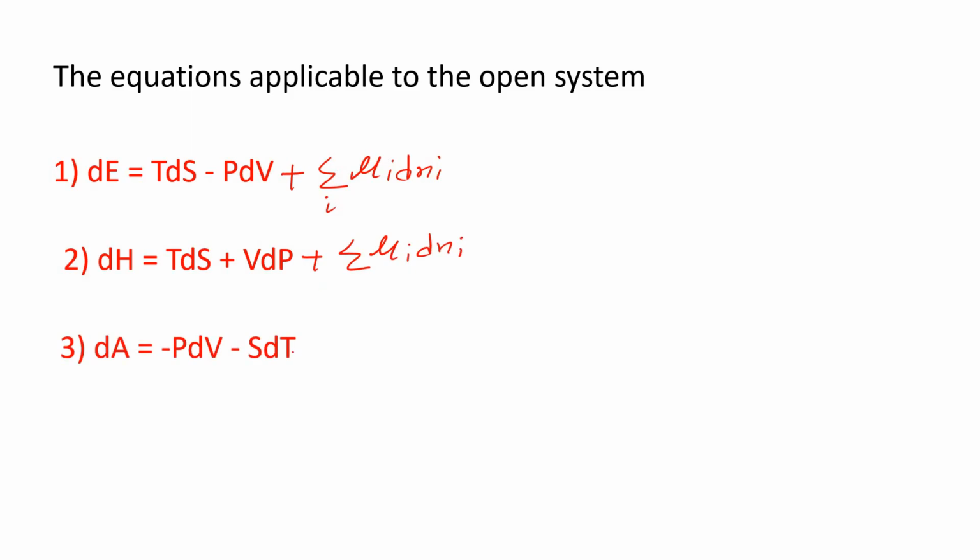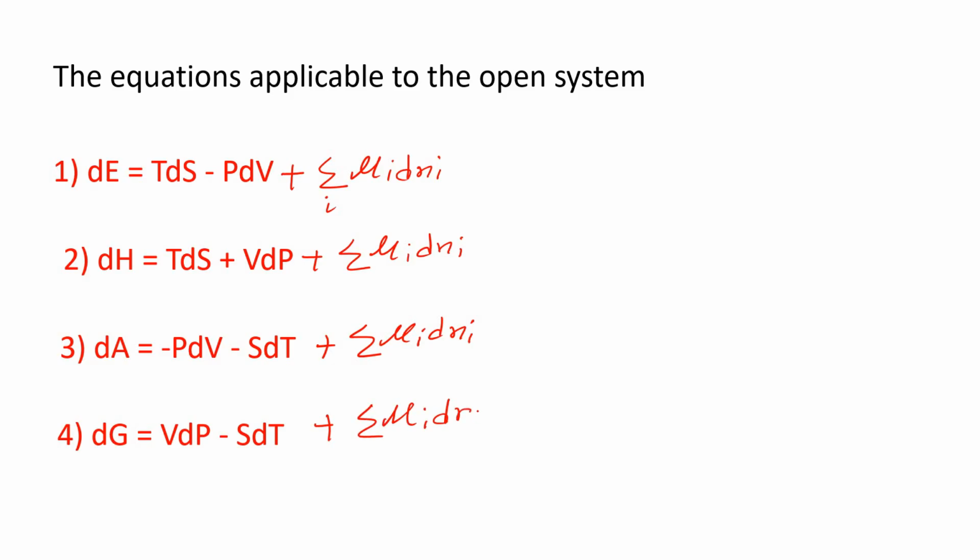Then number 3, here also I have to add the summation of mu i dNi, and then number 4, here also I have to add it if I consider it for an open system. Up to this much it is for a closed system, where composition remains constant and there is no exchange of matter with the surroundings. If I apply it for an open system, then we have to add this part related to the number of moles of the components, right?